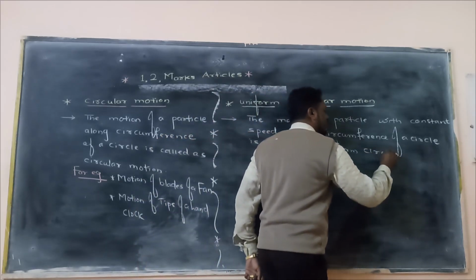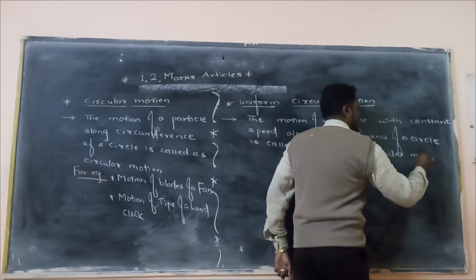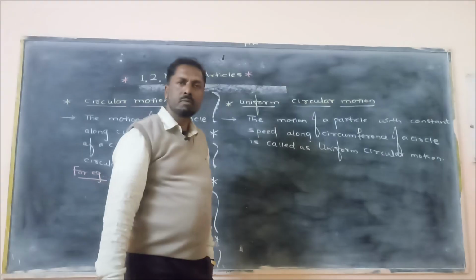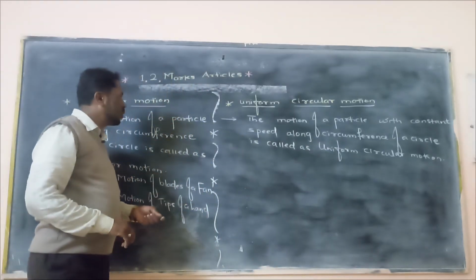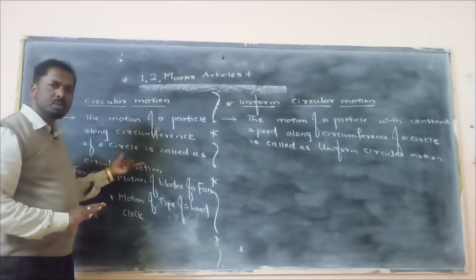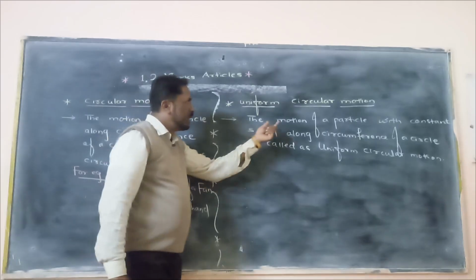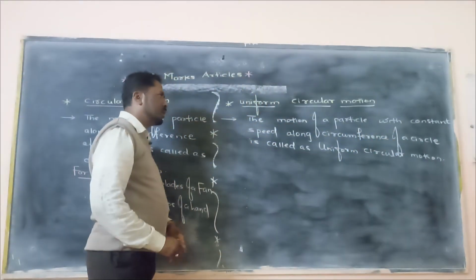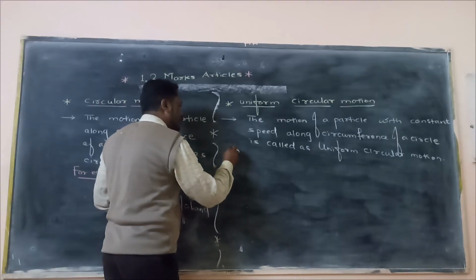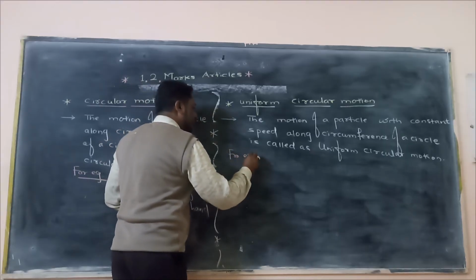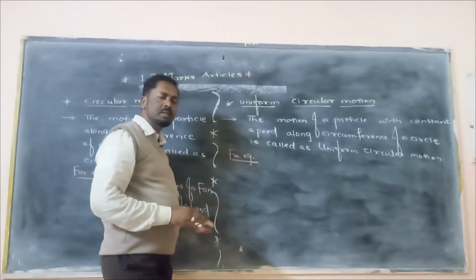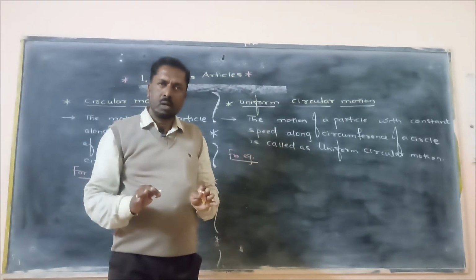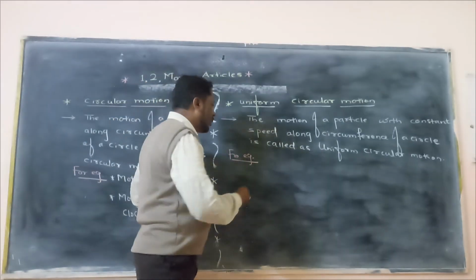So what can we conclude about circular motion and uniform circular motion? In circular motion, the speed does not remain constant, but in uniform circular motion, the speed remains constant. For the example, we have to write something in which the speed does not change.